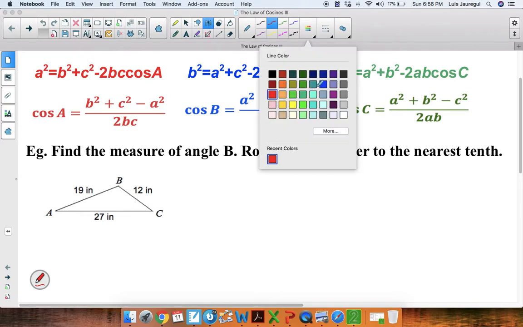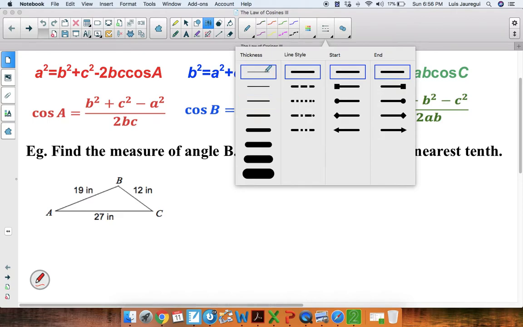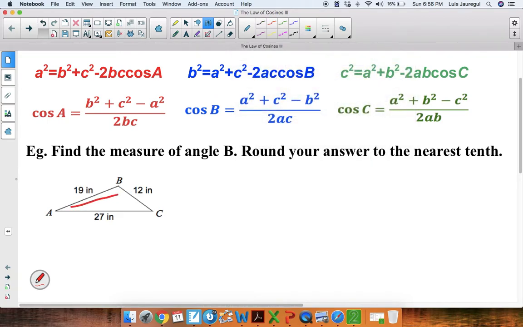Immediately in this case, what I always suggest you do is to label the sides. Recall that the side across from angle A is denoted as lowercase a. The side across from angle B is denoted as lowercase b, and the side across from angle C is denoted as lowercase c. So let's identify what we already know.